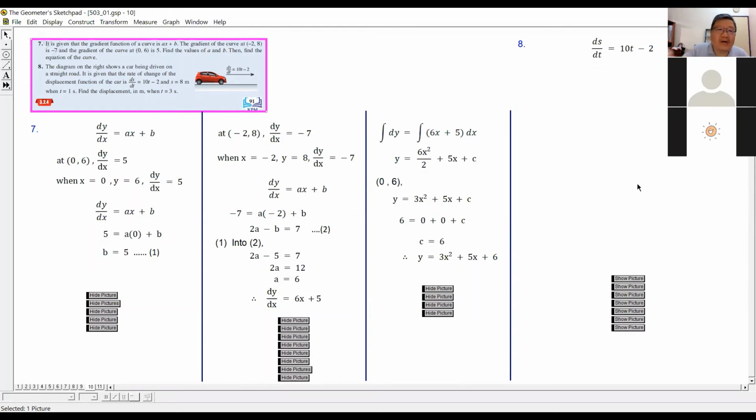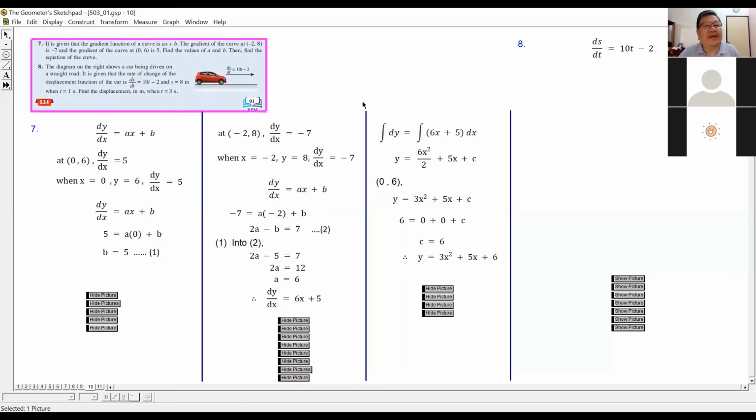You move along a straight line and you are given displacement or velocity. If given displacement, you find velocity and acceleration, or if given the velocity, you find displacement and acceleration. So this is the second last chapter in Form 5.